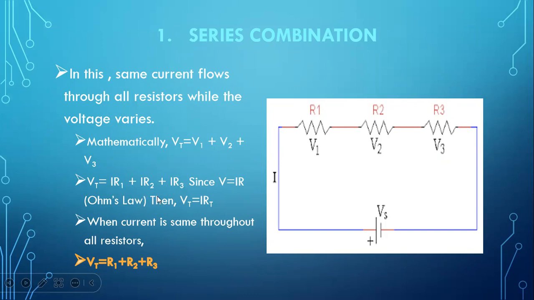Now, we have to know that V total is equal to I times R total. It means where there is V total, we will insert I times R total.